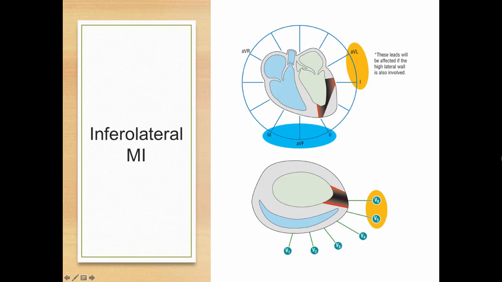Now inferior wall MIs, if they're in the left ventricle, are probably going to show up as inferior lateral MIs. So I've got elevation in 2, 3, aVF, but also maybe elevation in V5, V6, and/or lead 1 or aVL, depending on how high up it goes.